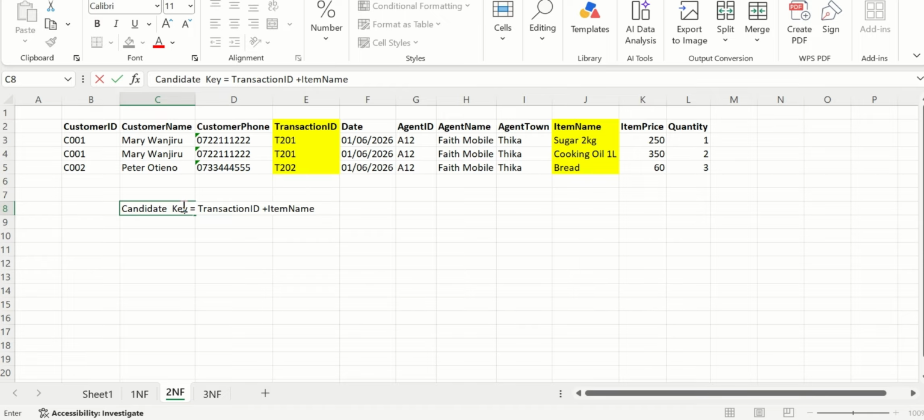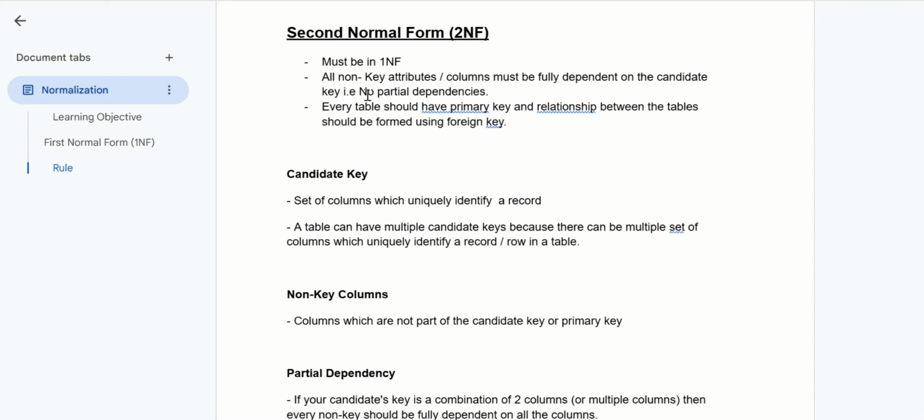So since we now know the candidate key, now let's go back. All non-key attributes or columns must fully depend on the candidate key.